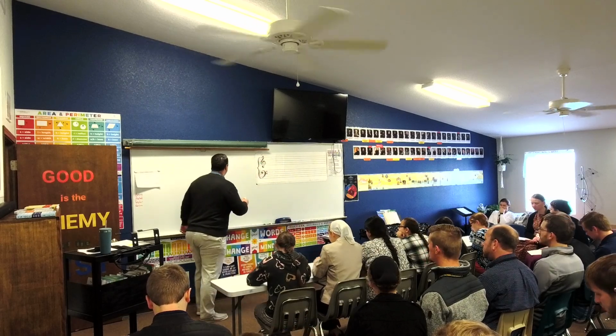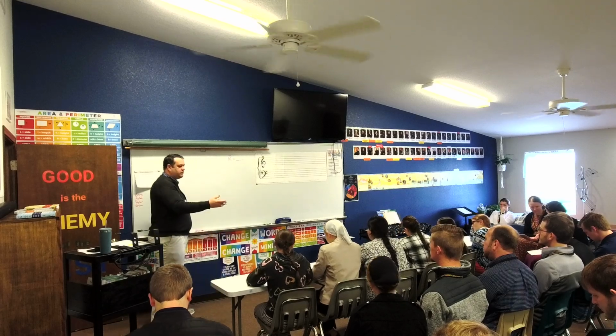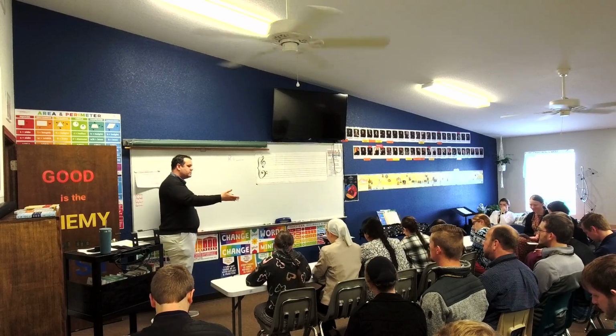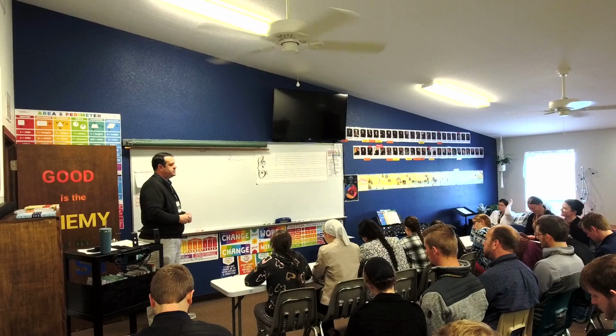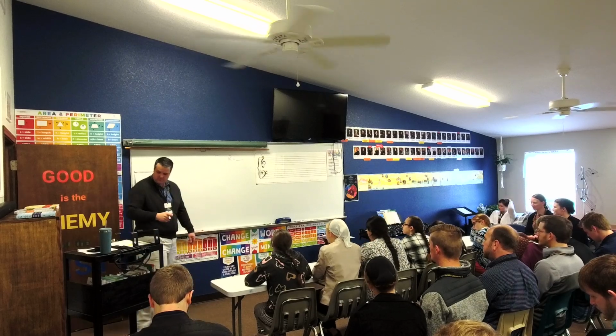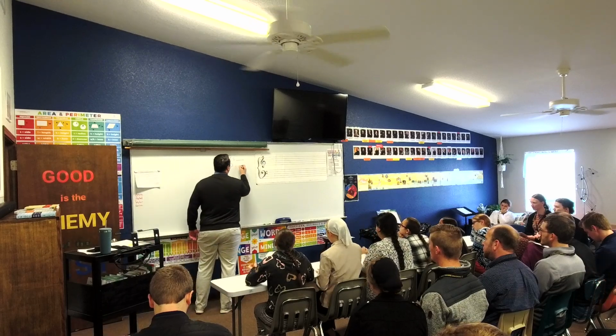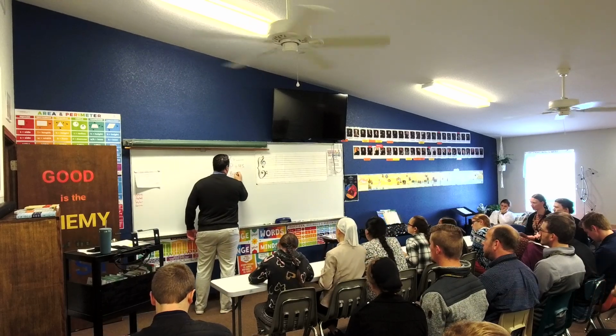Okay, so the rate is unknown at this point. We have two other numbers. Taylor, which one's the percentage and which one's the base? 45 percentage, 150 base. 45 is the percentage. Okay. And 150 is the base.